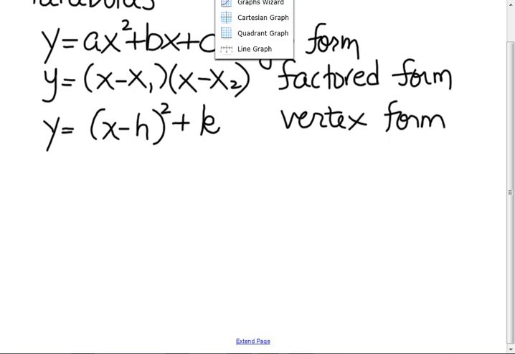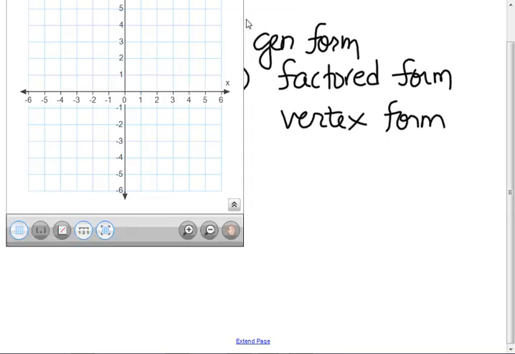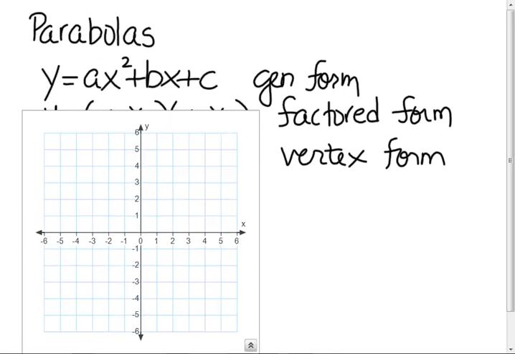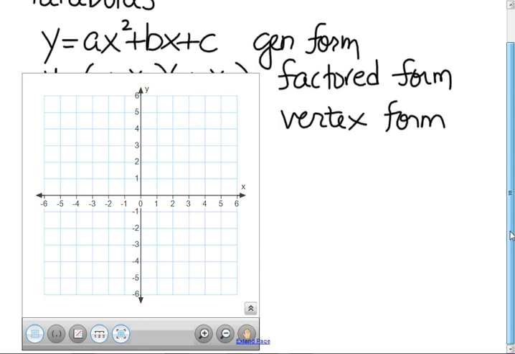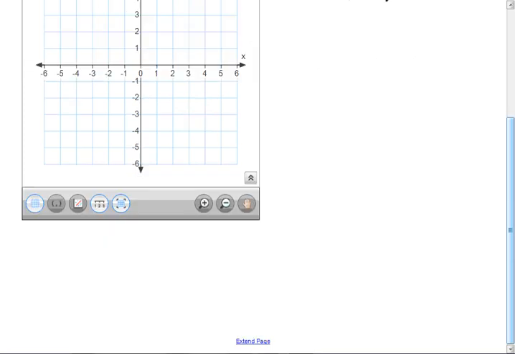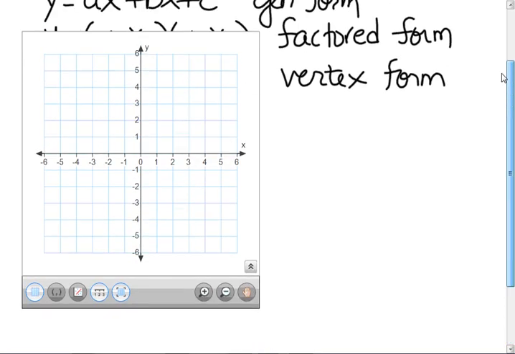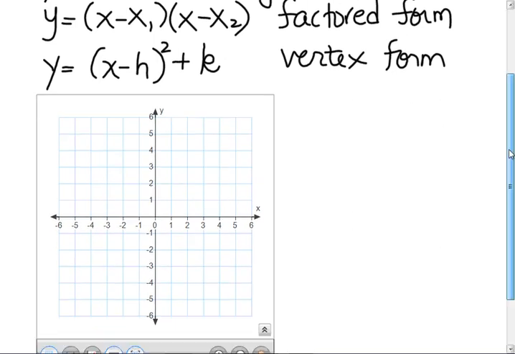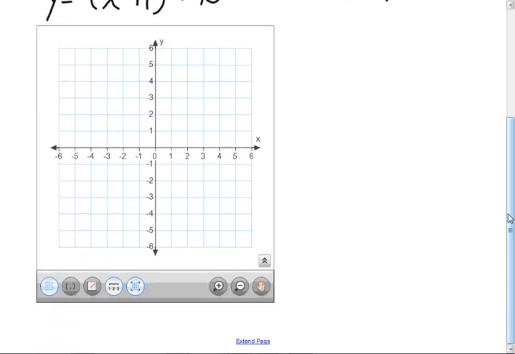Parabolas. They all look the same. The difference is going to be the width, you know, how steep it is, and if it's upside down. Now, all you have to do to know if it's upside down is graph it with quick graph. You're not expected to know what it would look like. So I can take any parabola here.